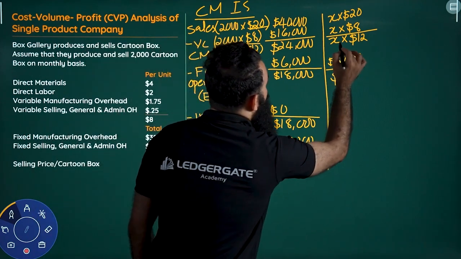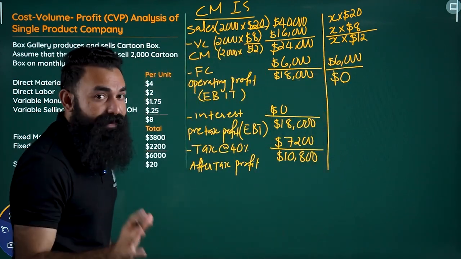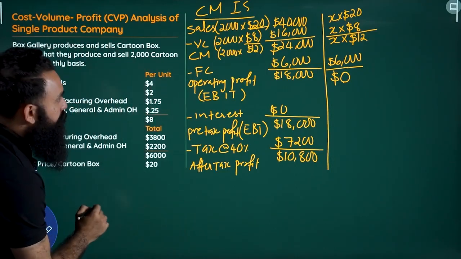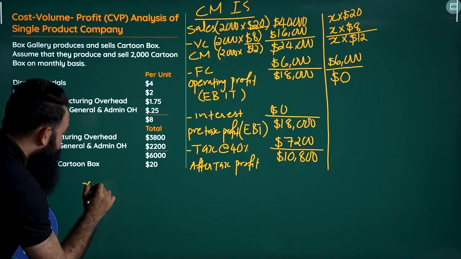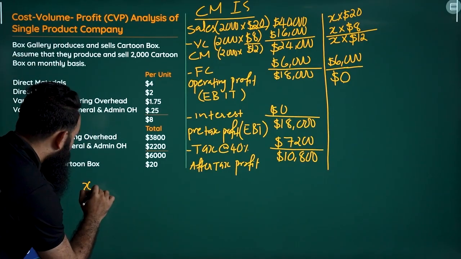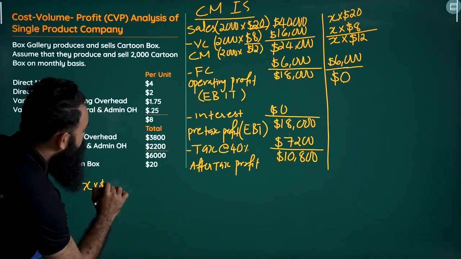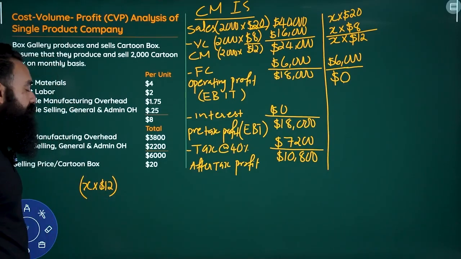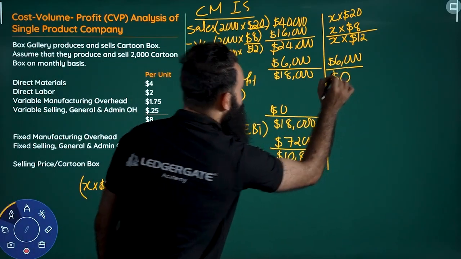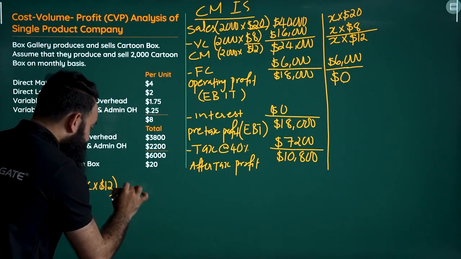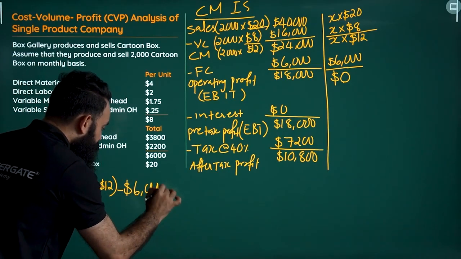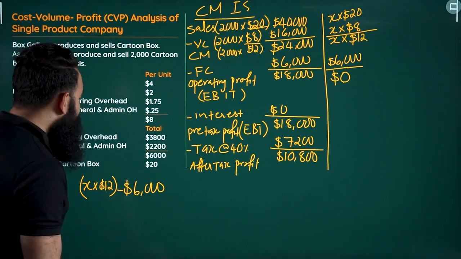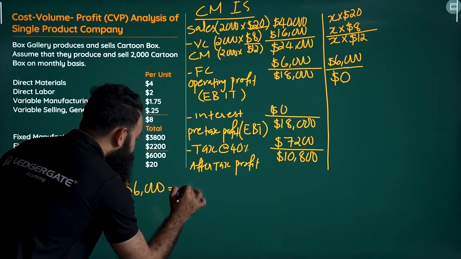Now we are going to solve the value of X. What is X? The units. How to calculate that? X into $12 is our contribution margin. From this contribution margin, if we deduct $6,000, we reach profit, which is equal to 0.